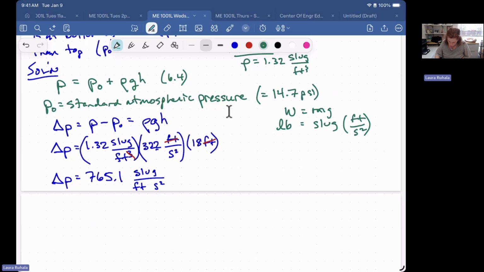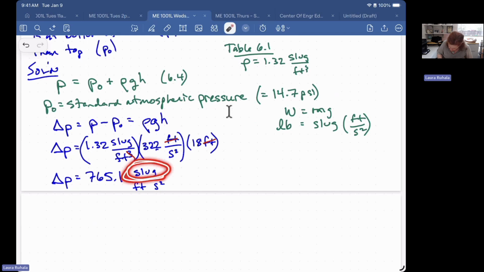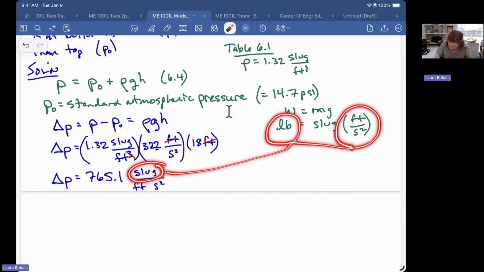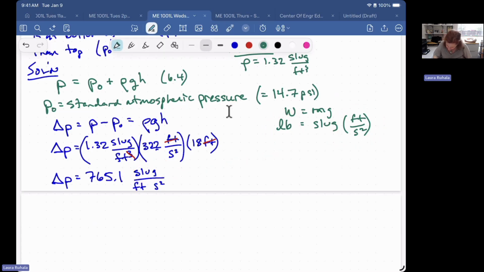Okay, so what I really want to do here is get rid of slug and put it in terms of this pound foot per second squared. So on the right side, I'm going to isolate slug. So slug is equal to pound second squared divided by foot.